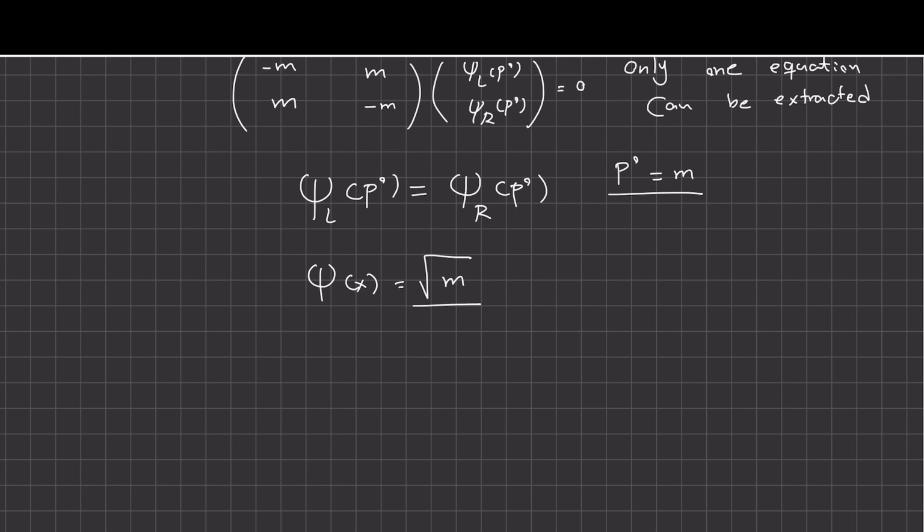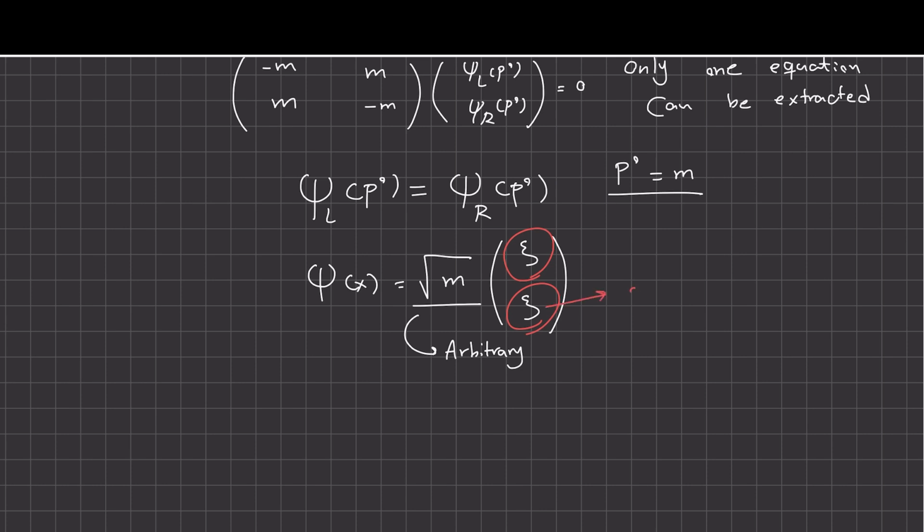So the square root of m is representing how it's a function of p0, or how it's a function of mass. This is square root of m again for conventional reasons, but you have two terms. We show them with psi, and these two psi's are equal to each other because that's the general answer.